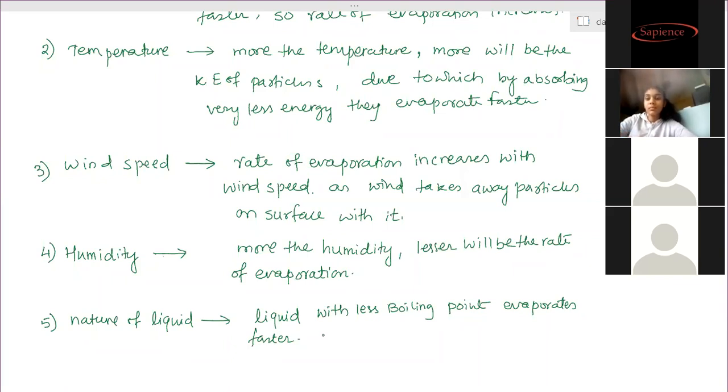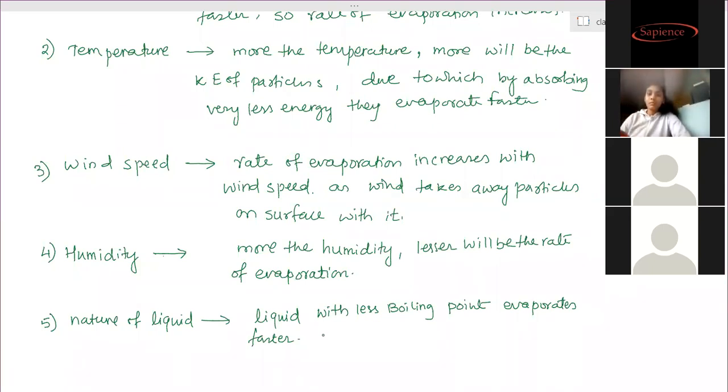So when milk evaporates faster, it makes the remaining liquid cooler. If the rate of evaporation is more, the rate of cooling will be more. So milk cools faster when it is poured in a saucer.